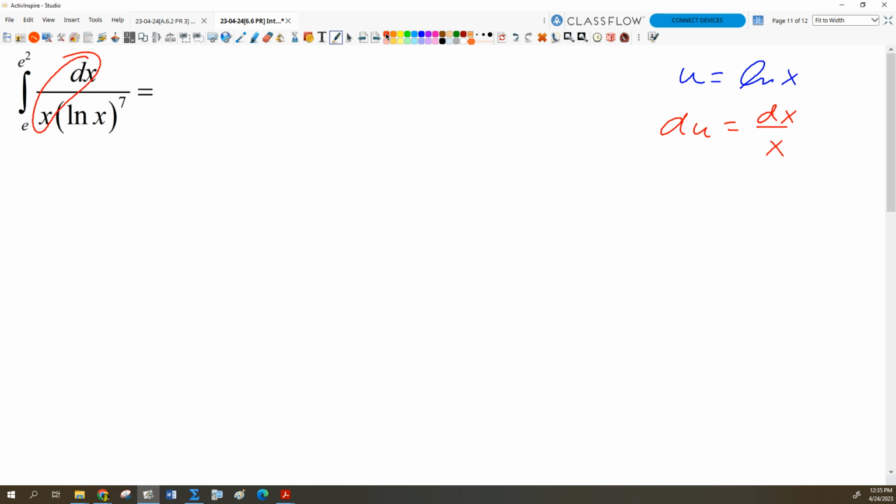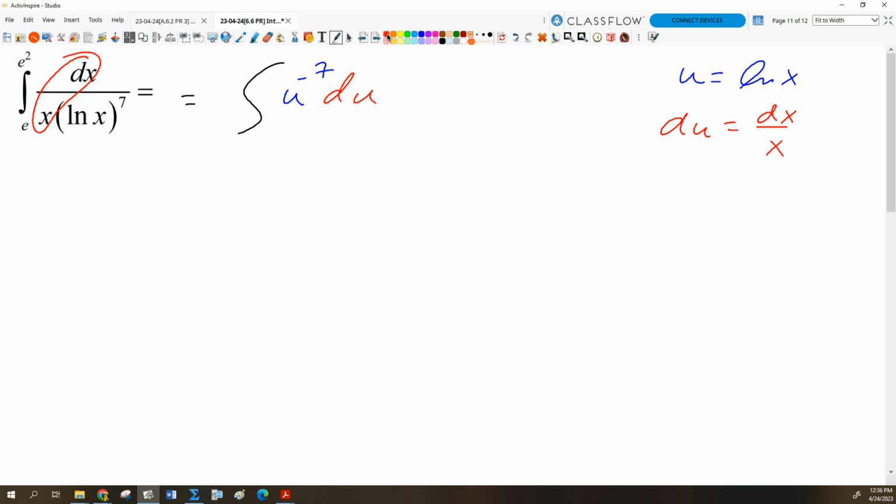Okay, that's way better, way easier looking integral, isn't it? So we get the integral of dx over u to the seventh. So why don't I just write that as u to the negative seventh, right? Everybody agree? u to the negative seventh du.